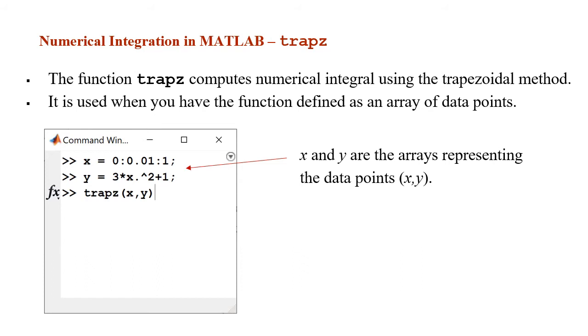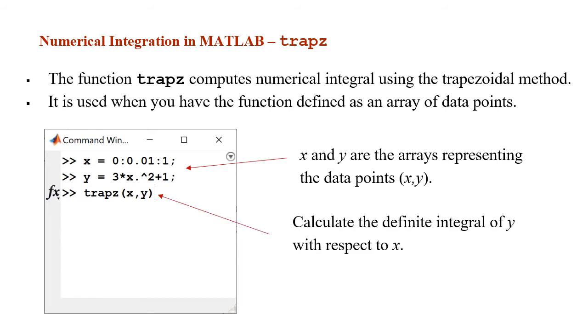Now, if we want to calculate the definite integral of y with the limit 0 until 1, we can simply call the function trapz and provide it with x as the first input and then y. Translated to English, it becomes: calculate the integral of y with respect to x.